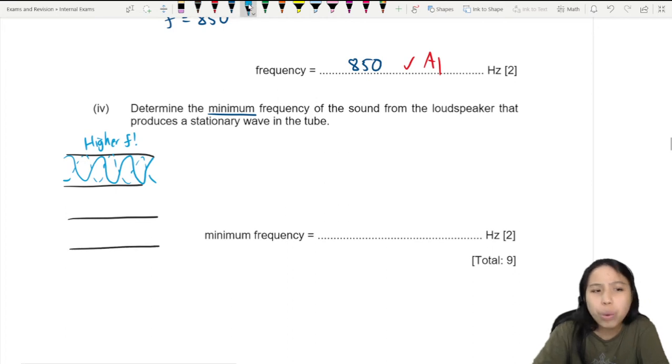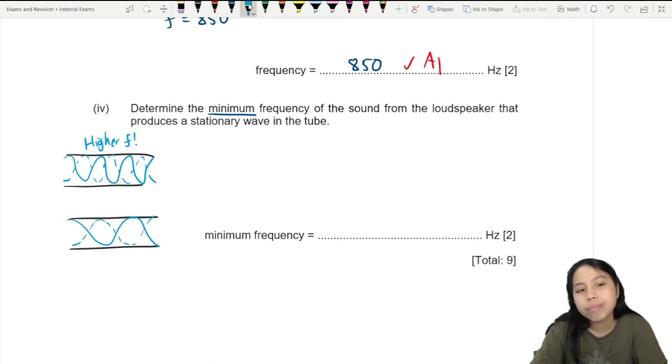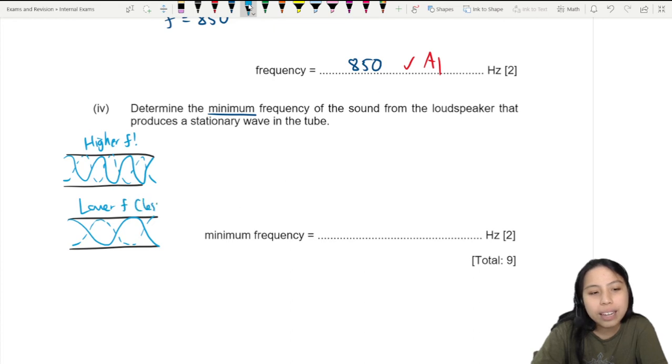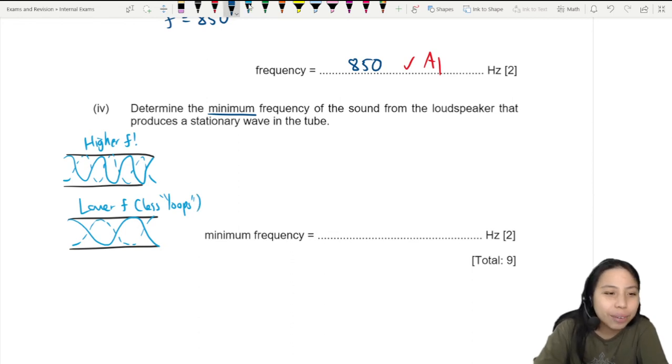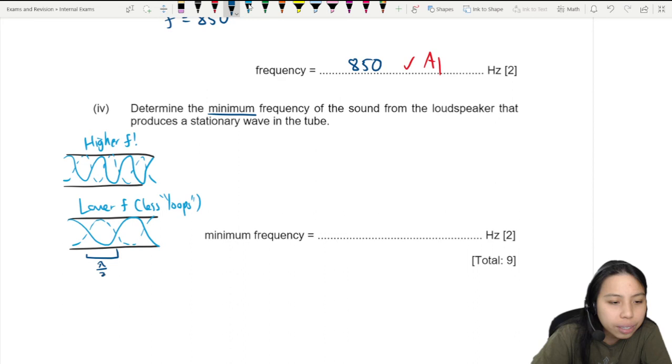Maybe you won't have so many loops inside there. So maybe something like this. Lower frequency, so there are fewer loops. And the wavelength is longer because the wavelength is originally here. Where's my wavelength? My lambda over 2 is here. Just now my lambda over 2 is very small.